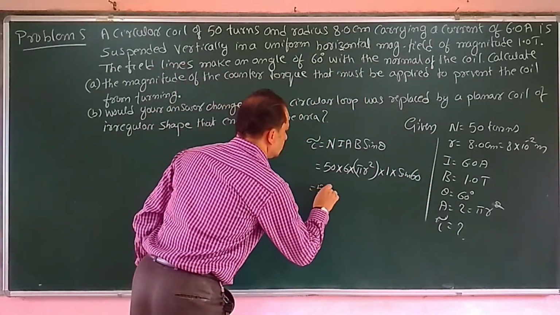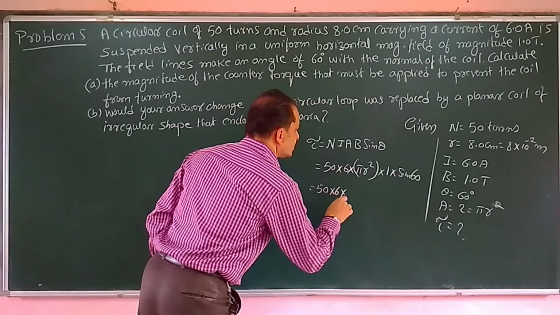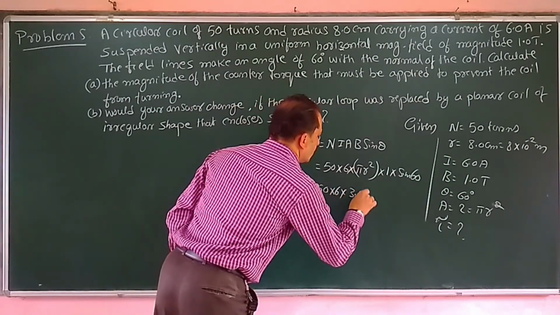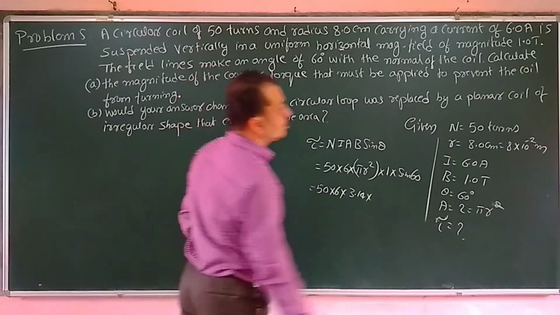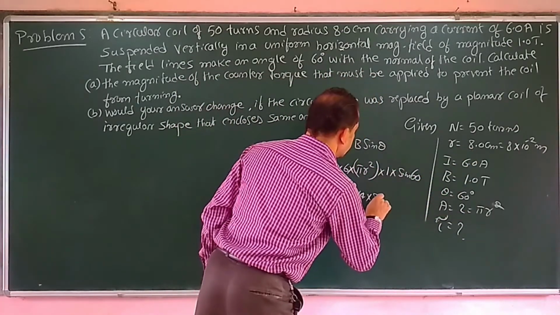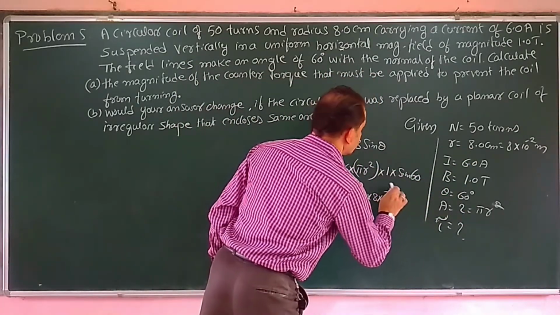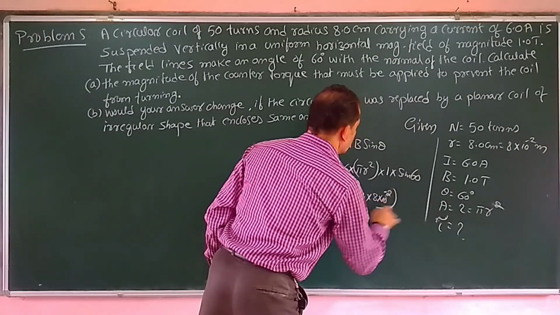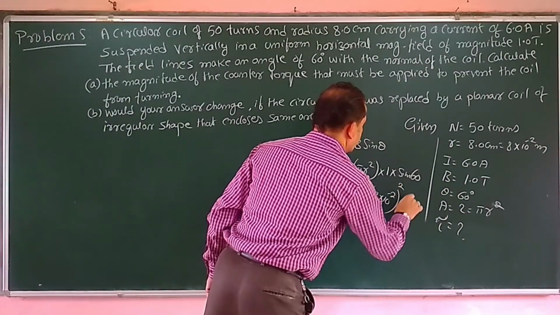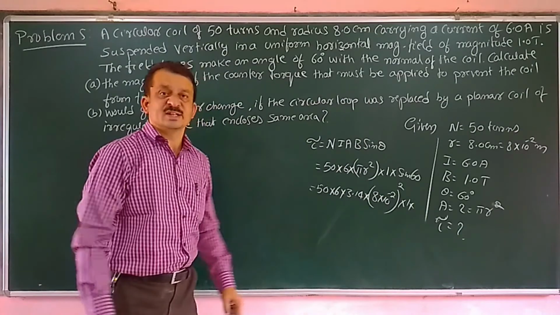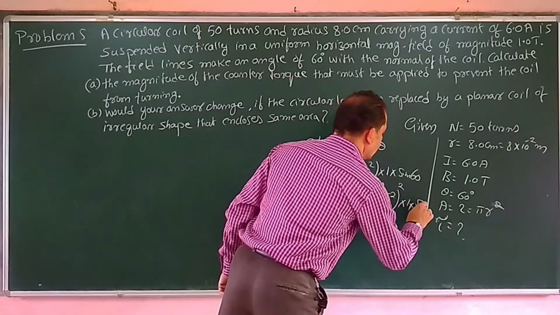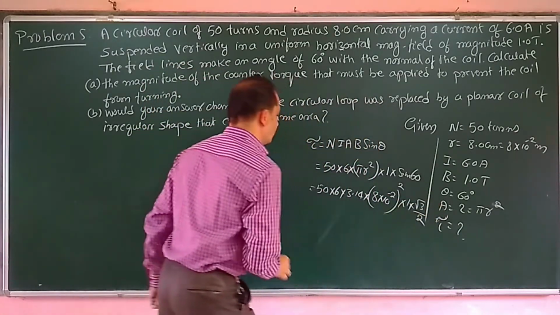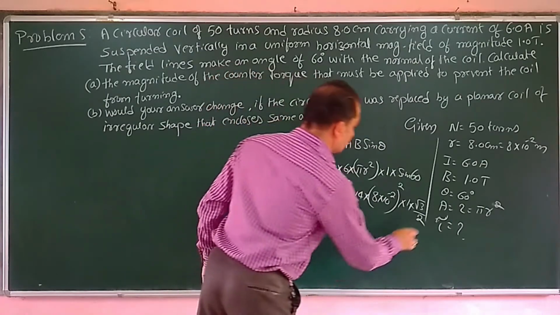That is equal to 50 into 6 into 3.14 into, radius is given, 8 into 10 raised to minus 2 whole square into 1. What is sin 60? Root 3 by 2. We know that value, root 3 by 2.